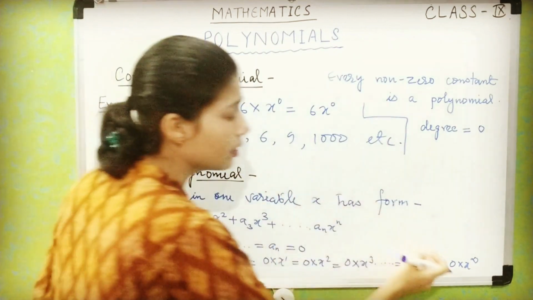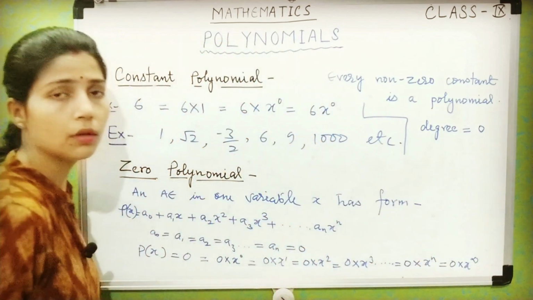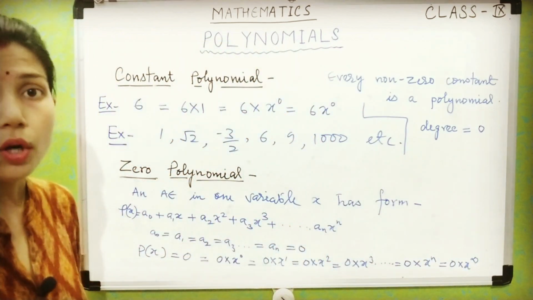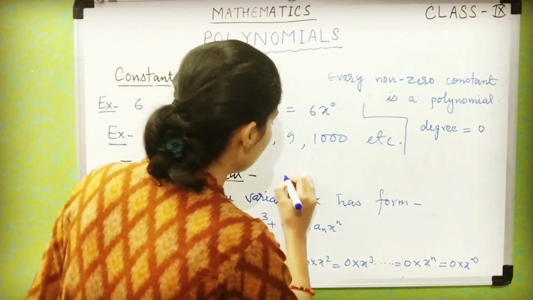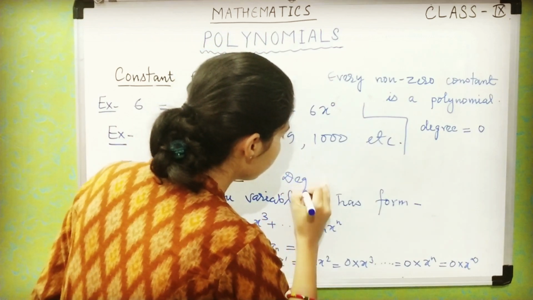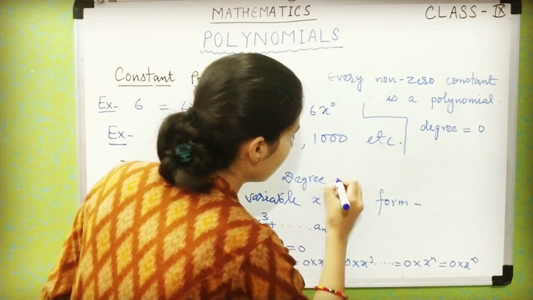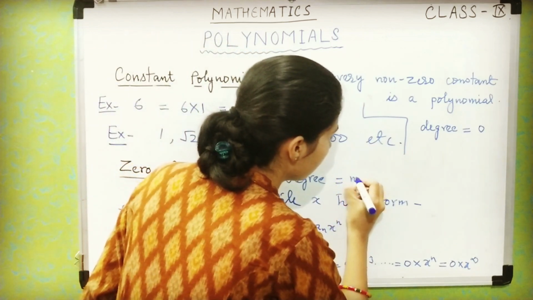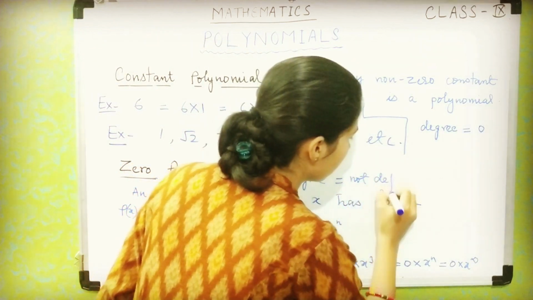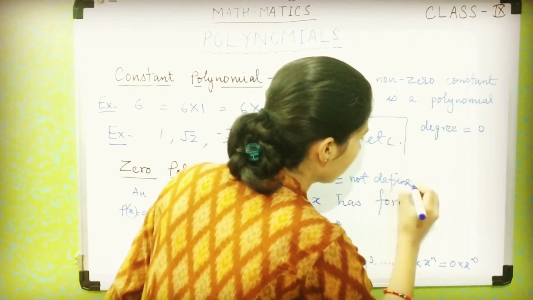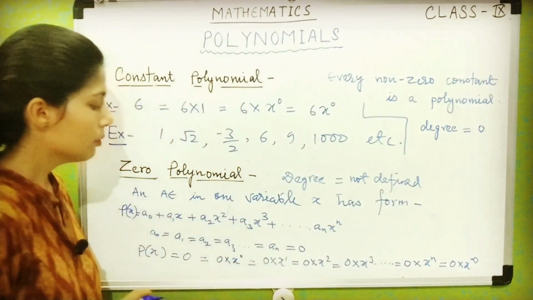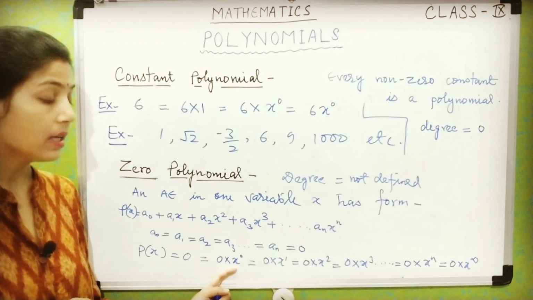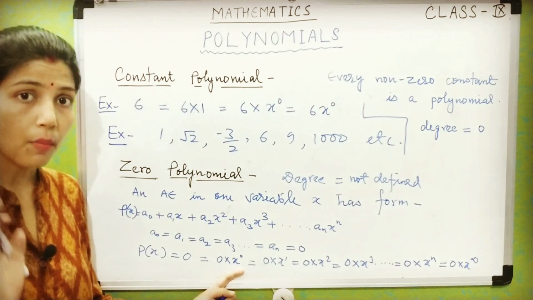We will say the degree of the zero polynomial is not defined, because with 0 you can multiply the variable with any power.